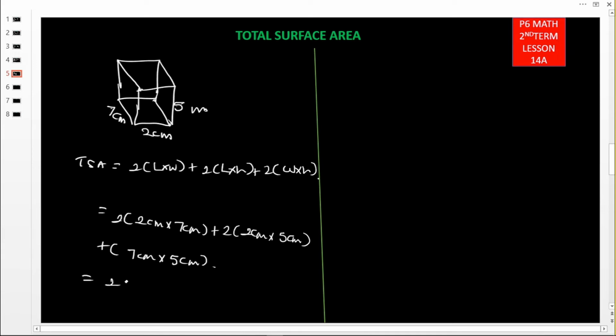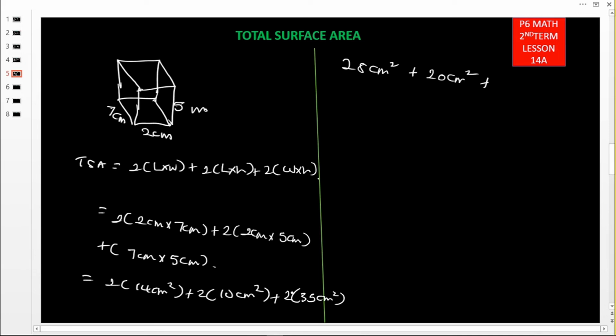So 2 into 14 centimeters squared, then plus 2 times 2 times 5, that is 10 centimeters squared, then plus 2 into 7 times 5, that is 35 centimeters squared. Then from there we open up the brackets. 2 times 14, that is 28 centimeters squared, then plus 2 times this one, that is 20 centimeters squared, then plus 2 times that 35, that is 70 centimeters squared.